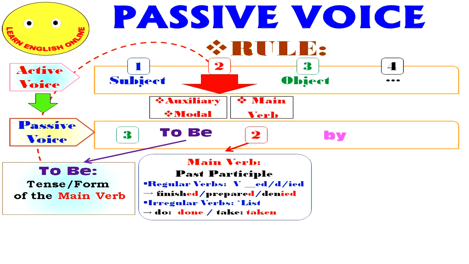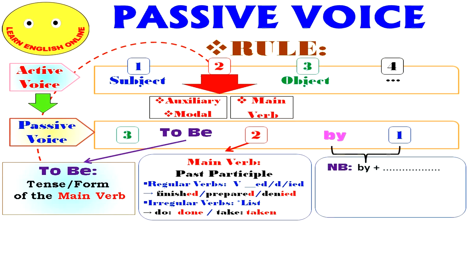Next is the word by. By plus part number 1. And sometimes by plus part number 1 is not that important to mention in a sentence of the passive voice. But it is important to mention that when you use by plus part number 1, please, you need to pay attention to the following.